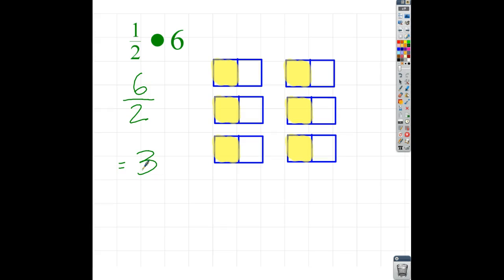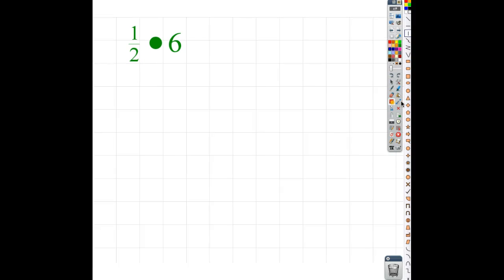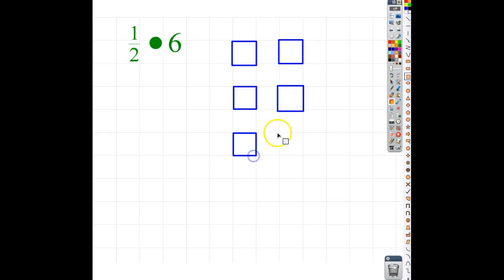Okay, so that's one way we can do it. Another way we can do it is we can re-identify the whole. Instead of saying a whole is 1, we can say a whole is 6. So 1, 2, 3, 4, 5, 6.